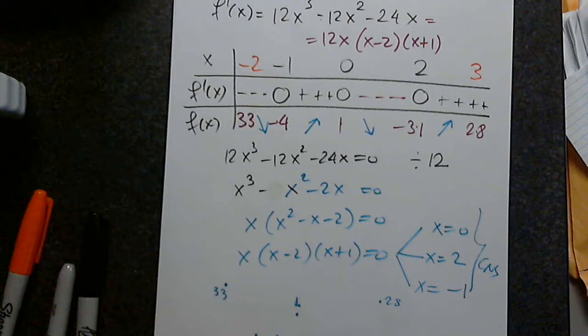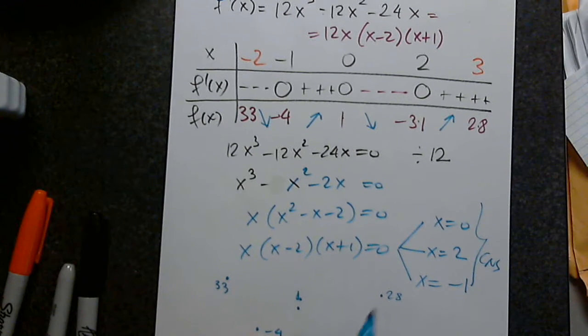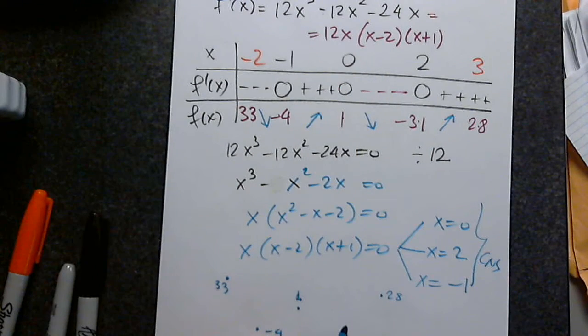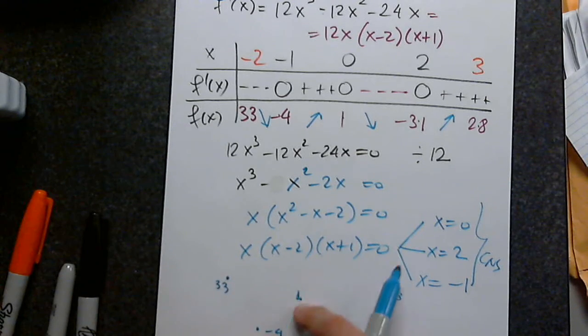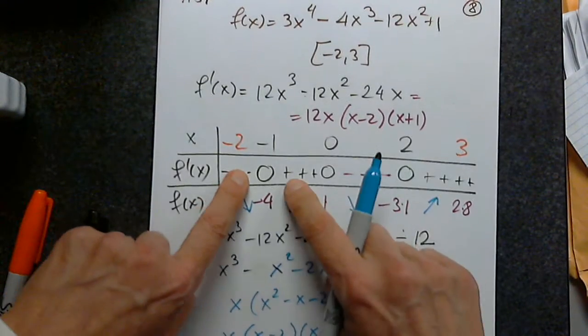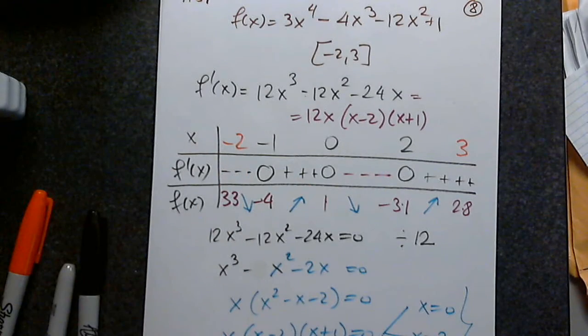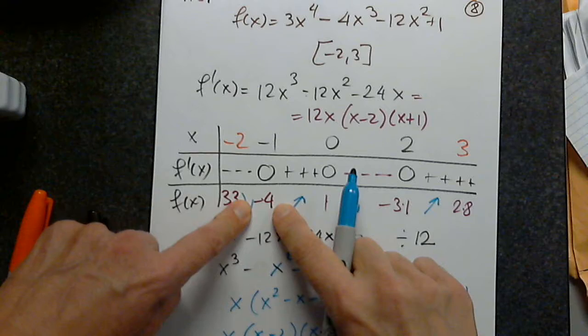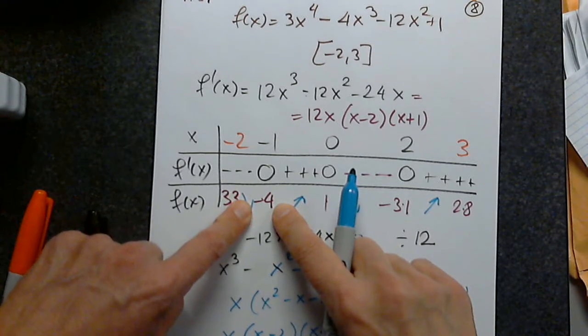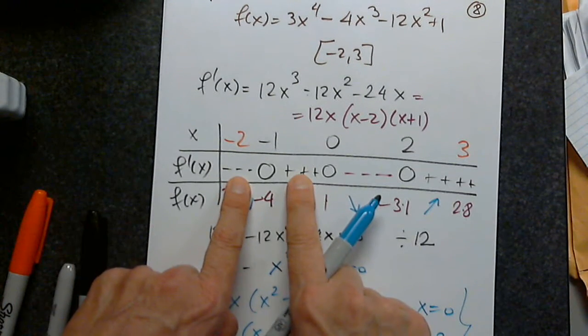Is there anything else that I could say? I could only say that -1, -4 is a local minimum. Why? Because that's typical: negative, 0, positive. So this must be a local minimum because of the sequence of the signs.